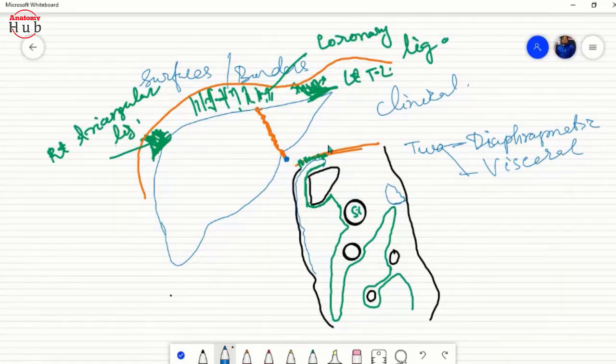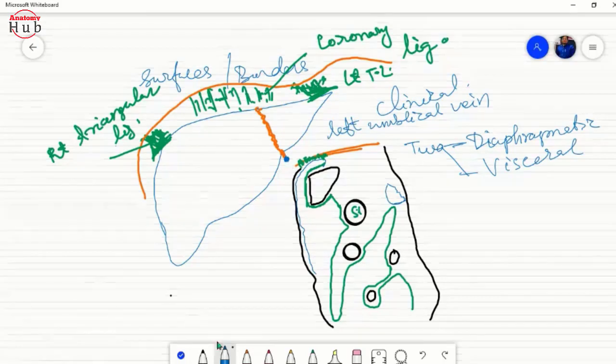In the fetus it was the left umbilical vein, but it is obliterated now and forms the ligamentum teres hepatis. Right. So we have the right triangular, left triangular, coronary, falciform, and the ligamentum teres hepatis.